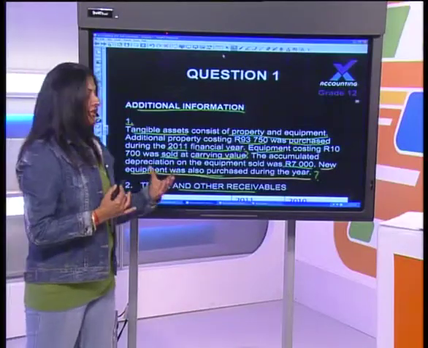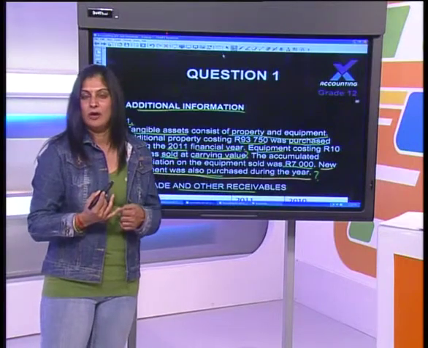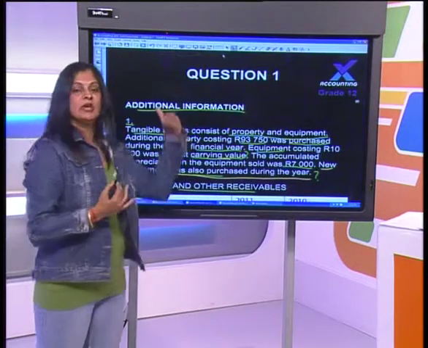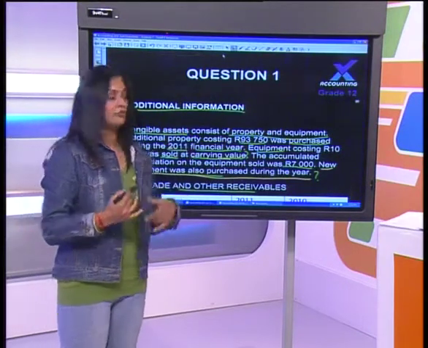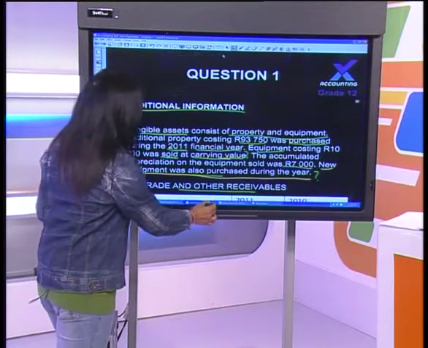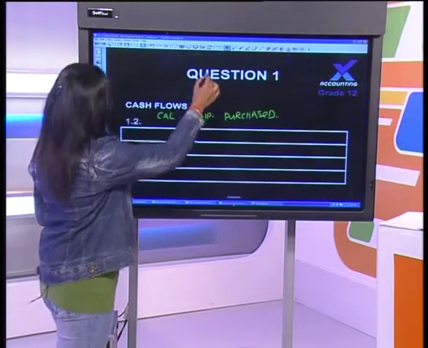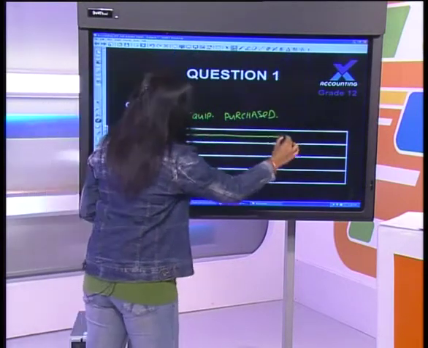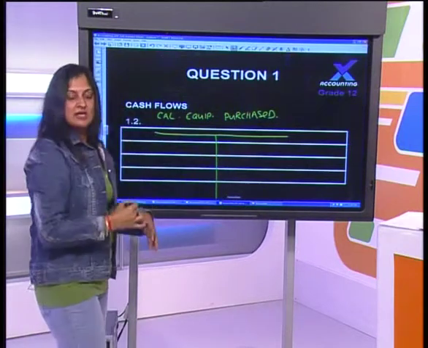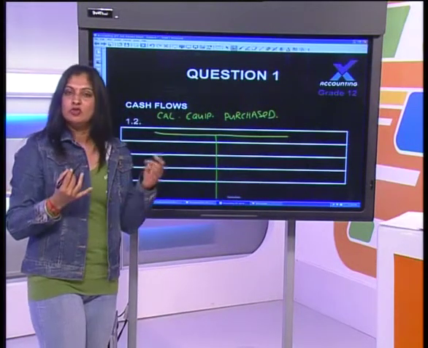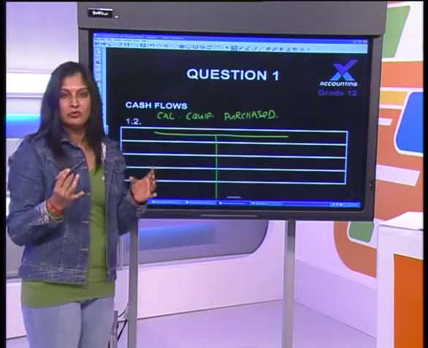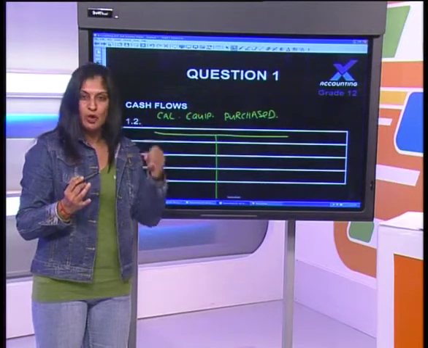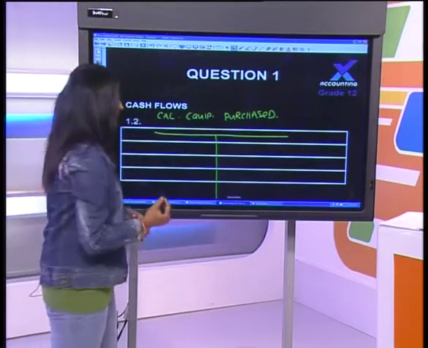Right, guys? Something that is very commonly asked in your exam, especially when you have a question on cash flows, is the purchase of tangible assets. So let's do this calculation. Let's go back to our answer sheet. In order for me to do this calculation, I am going to make use of, again, a T account, a ledger account that some of you might not be familiar with, but I promise you, it's something that works all the time, and if you use it, you're going to get this correct in your exams.